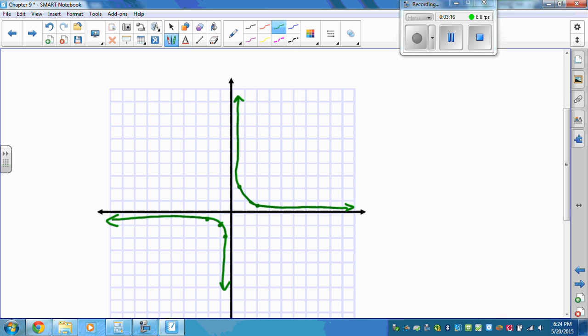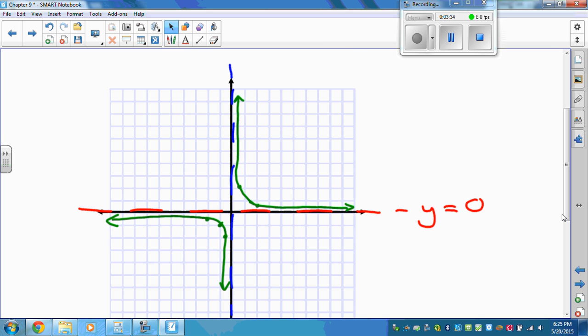From that base graph, we should be able to see our asymptotes. We have an asymptote right here, and we have another asymptote right here. The graph always gets really close, but it doesn't quite equal. So y equals 0 is one asymptote, and x equals 0 is another asymptote.